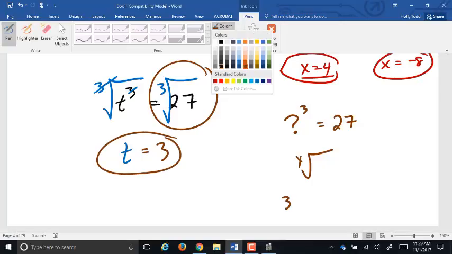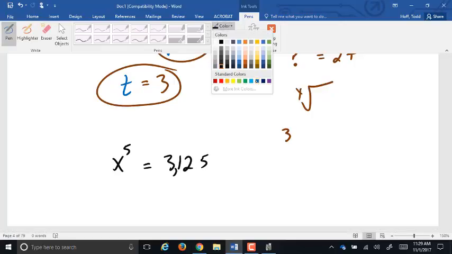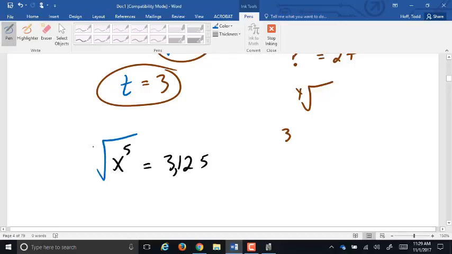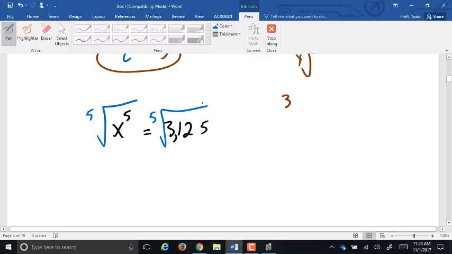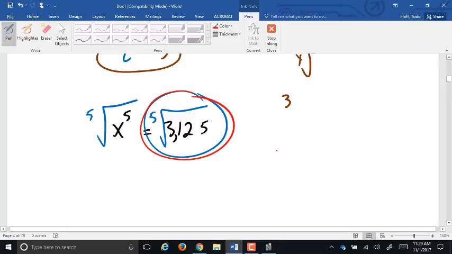Perfect. What if you have x to the power of 5 equals 3,125? So we have to use a fifth root, right? For your phone, what you would have to do is the fifth root of 3,125. There's going to be one of two ways depending on what app is on your phone.